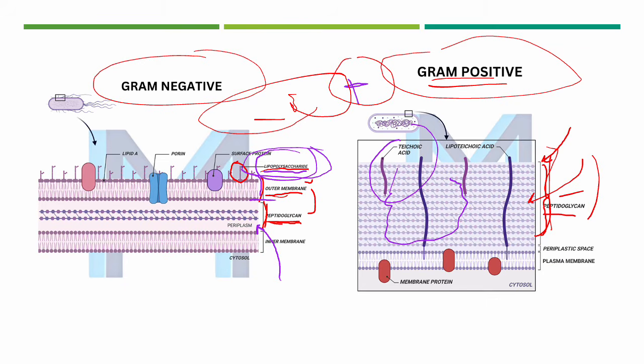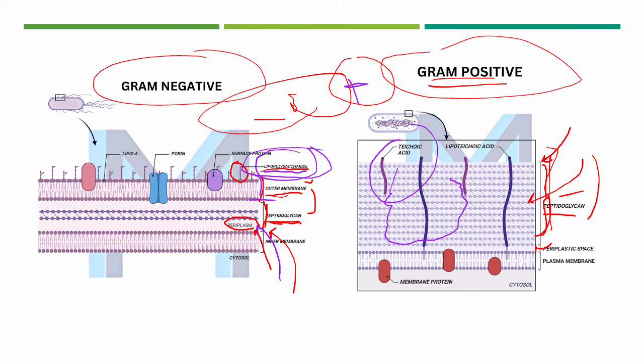This space here is very, very small. While in gram-negative bacteria, it is present, and the periplasmic space is very well defined and located between the inner membrane and the outer membrane, and it contains enzymes and transport proteins, etc.